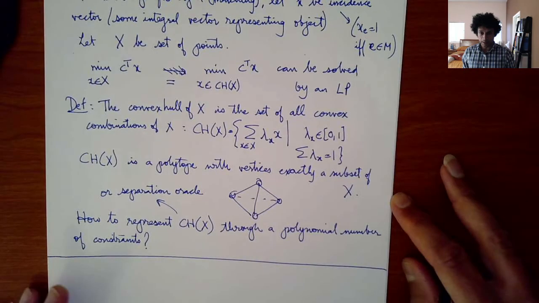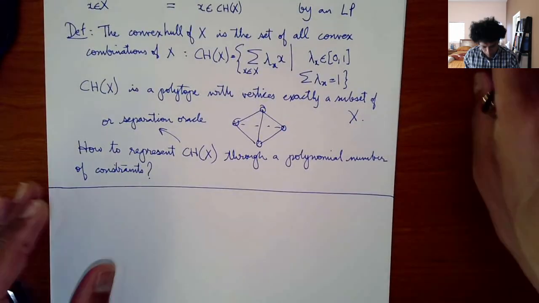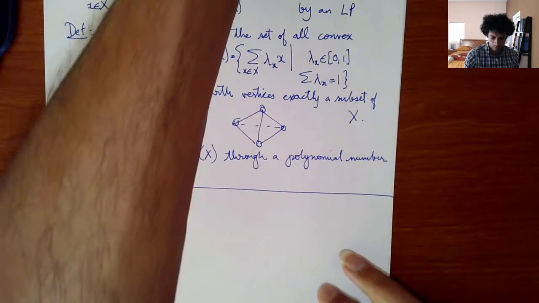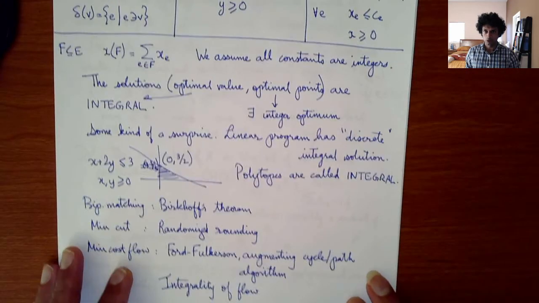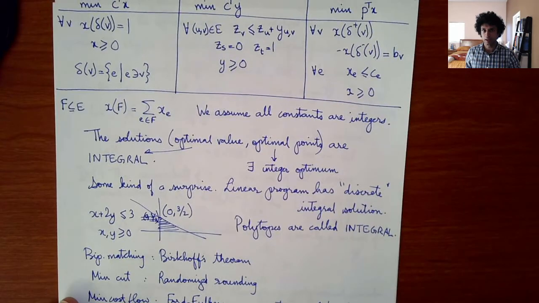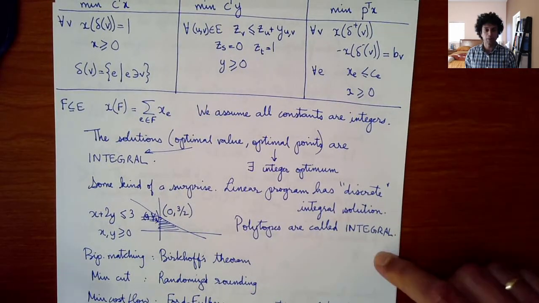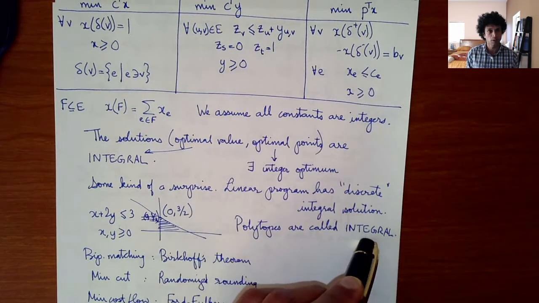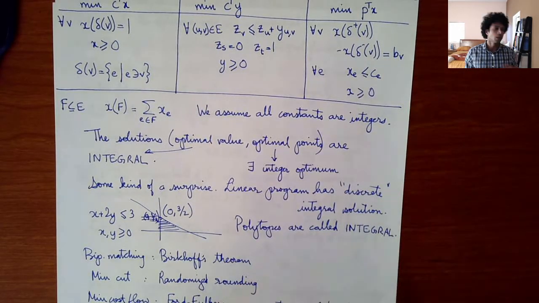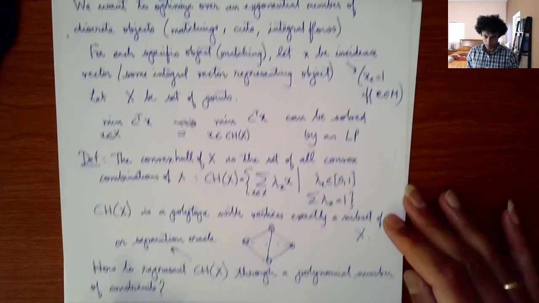So with that, let me now get back to our main point here, to try to understand why these polytopes are integral. So first I'm going to define what an integral polytope is, and then I'll tell you the basic theory.